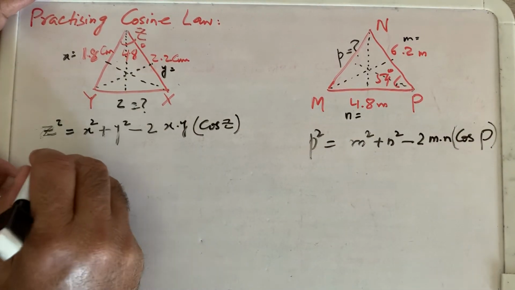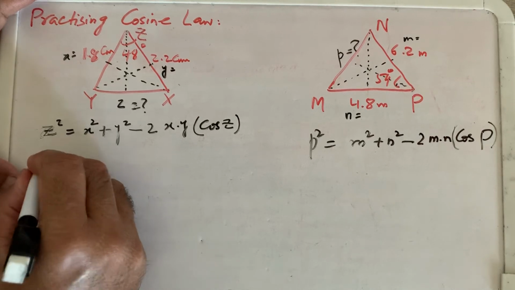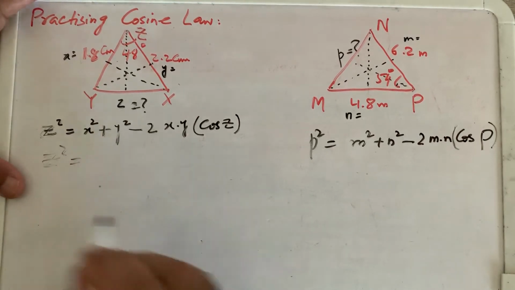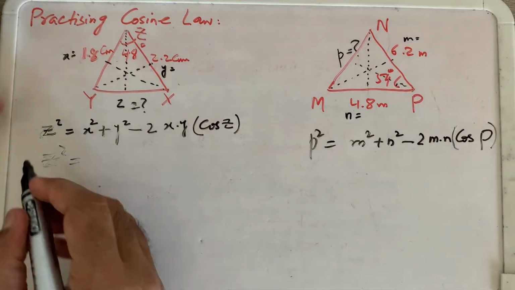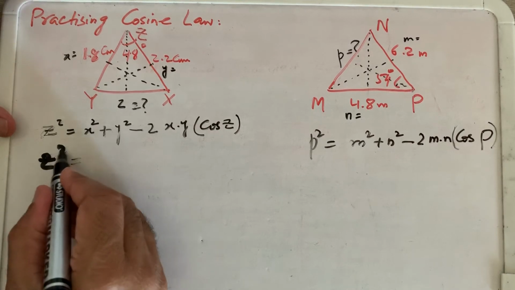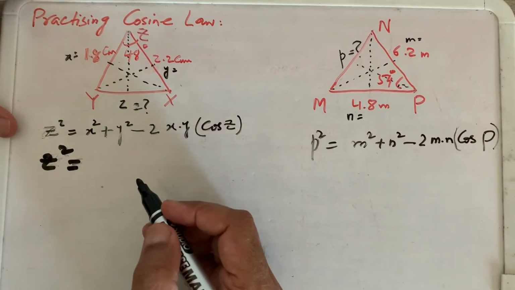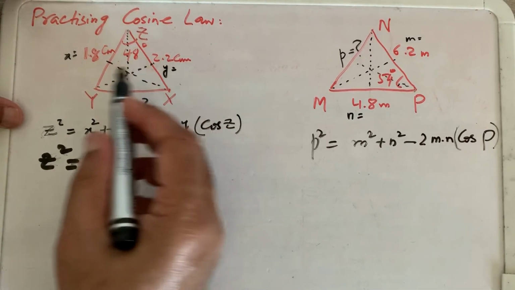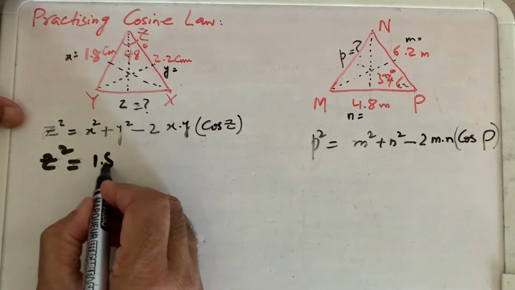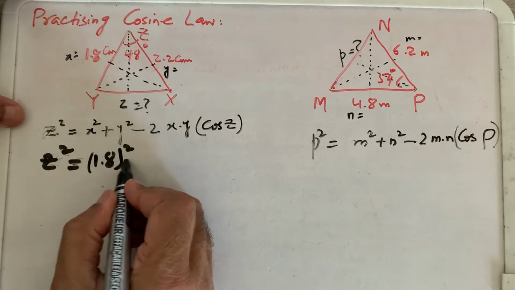So z square will be equal to, let me change the pen because this one is not giving me good results. So here z square is equal to x square. What is x? My x is 1.8, so 1.8 square plus y square.